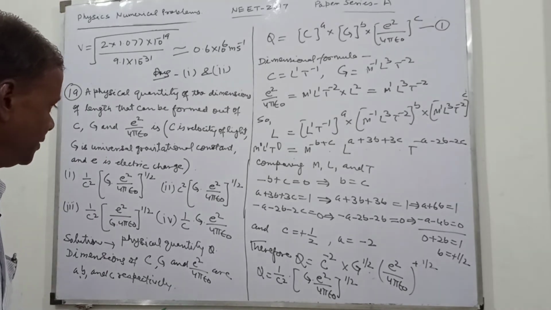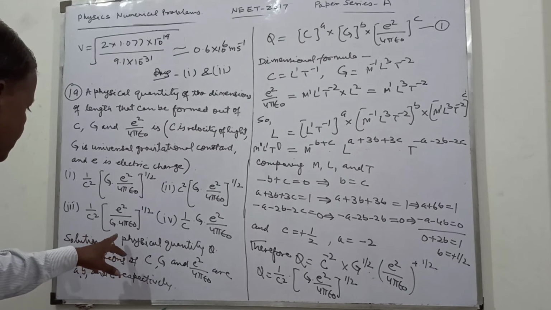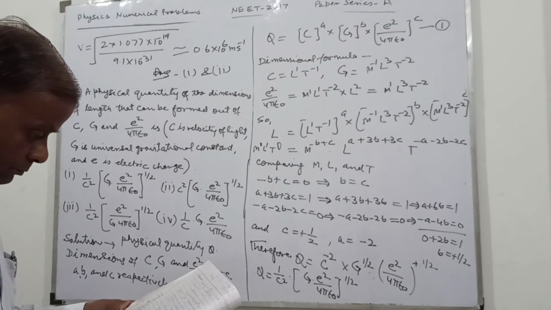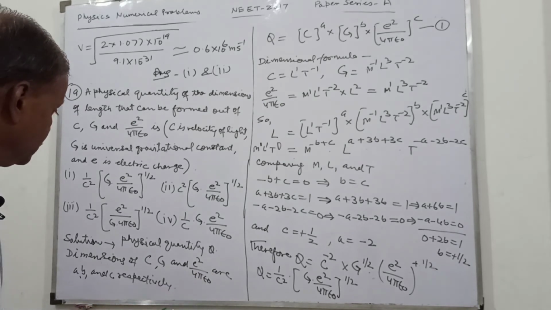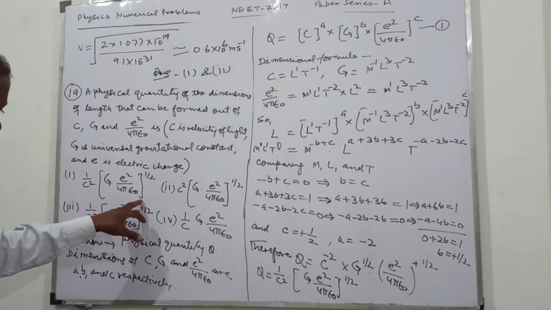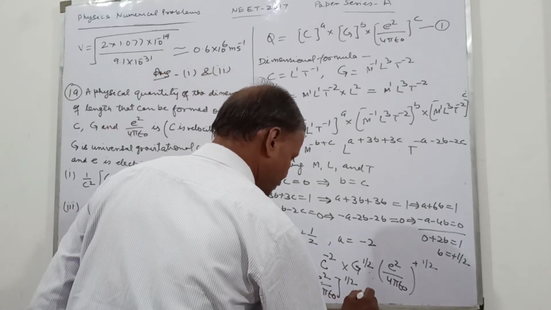So we have the right answer is 1/c square g e square upon 4 epsilon naught. Right answer is the first one.